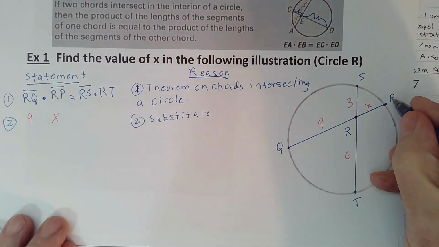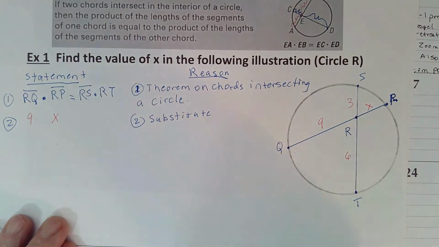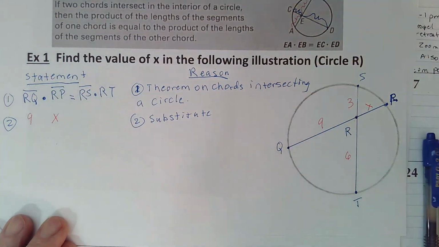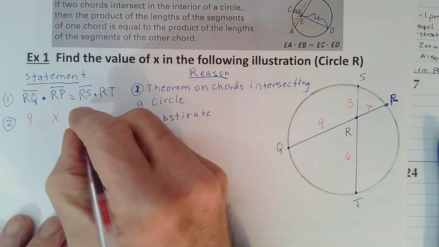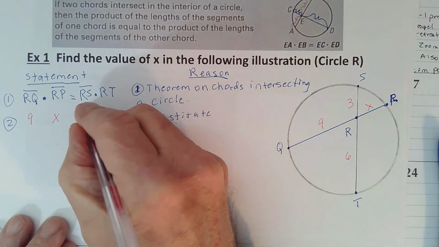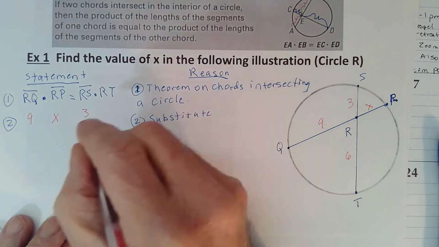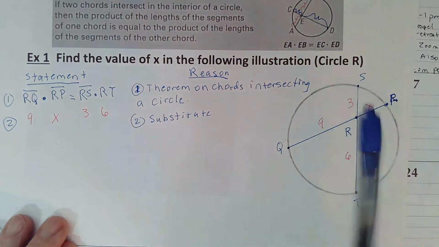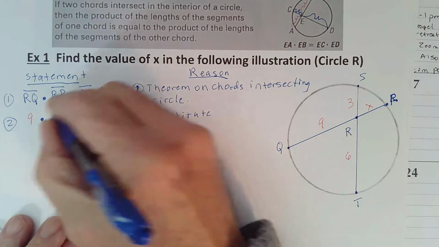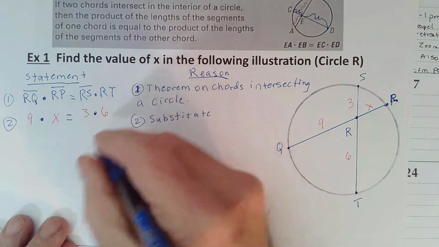I showed it as an R as P. This is P. Okay. And R to S here is 3 units, and R to T is 6 units. So you're multiplying 9 times X, and that equals 3 times 6.